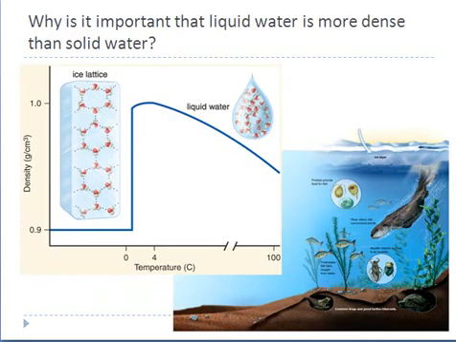Water is also denser than ice, so that's why when temperatures fall, for example in this image over here, you can see as temperatures go down, hydrogen bonds start forming, and the liquid water changes to ice. But when it does this, notice the structure of the ice: the hydrogen bonds are now creating a lot of space in between.